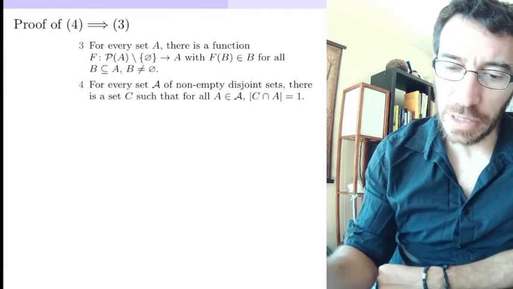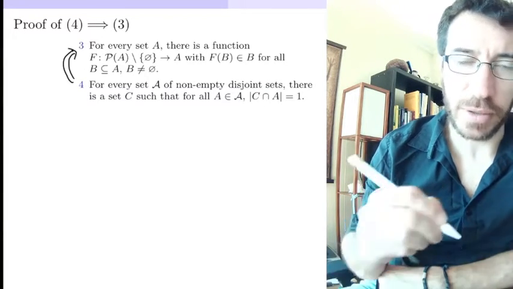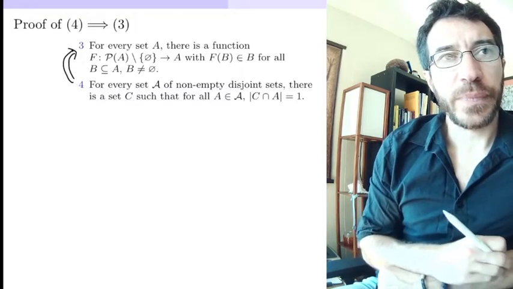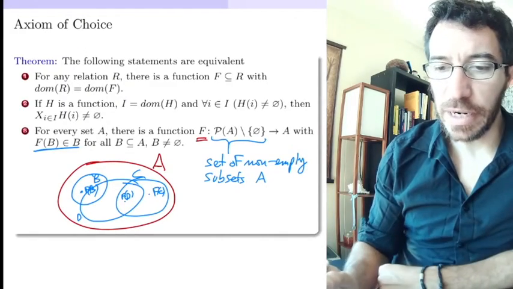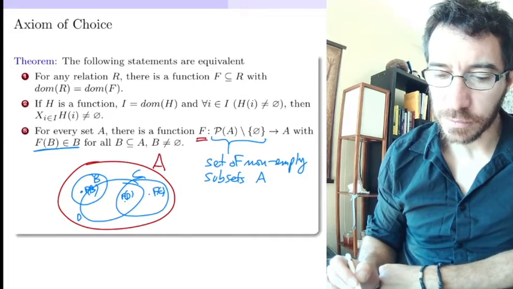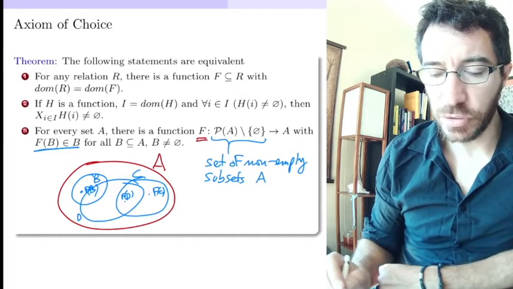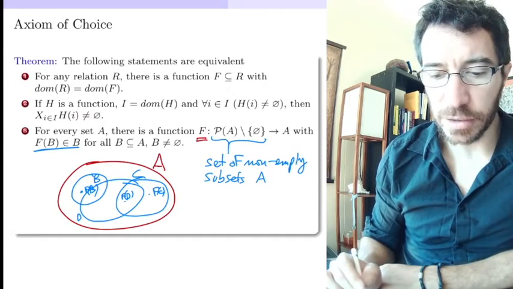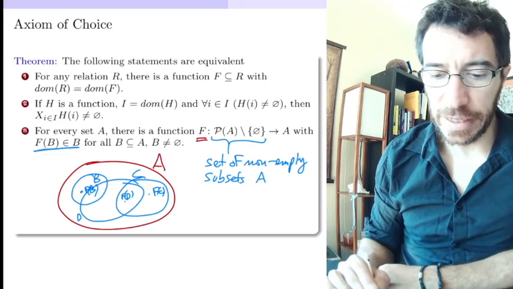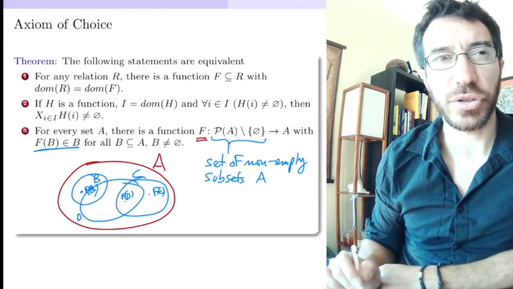Now we want to go back and show that 4 implies 3. Okay, 3 tells us that for every non-empty subset of A, like the B, the C, or the D here, the function is picking an element of that subset. But now this is for every subset of A, and these are not disjoint, right?